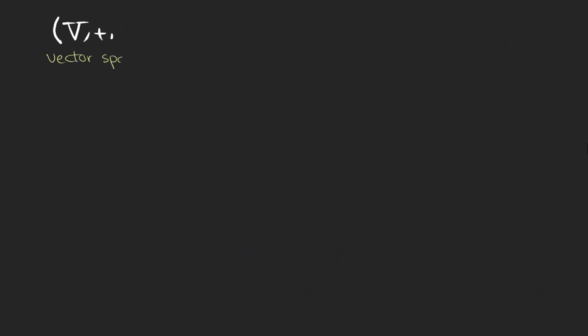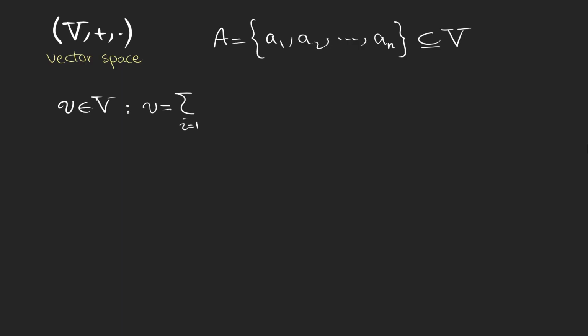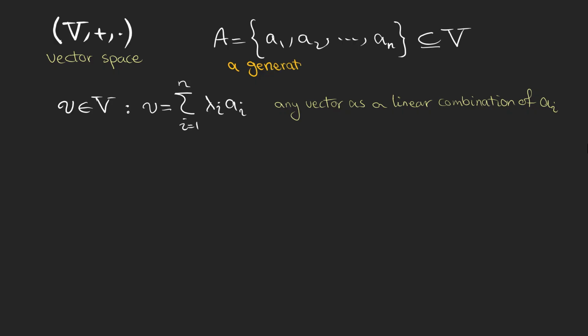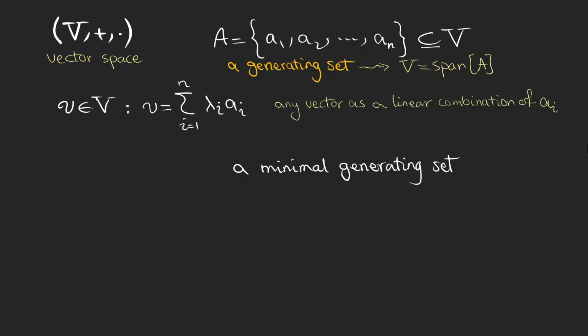So, if we have a vector space V and also a set of vectors in this vector space that their linear combination gives any vector in this vector space, we call this set a generating set which spans the vector space V. Also, a generating set is called minimal if we can't find any smaller set that spans the vector space.